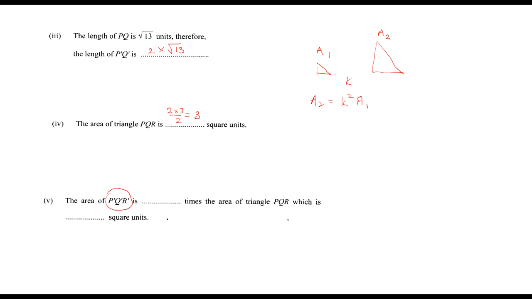So the scale factor was -2, so therefore the area of the image will be 4 times, which is really 2 squared. So it's 4 times the area of triangle PQR, which we just worked out as 3 square units. So therefore it will be 4 multiplied by 3, which is equal to 12 square units. Okay.